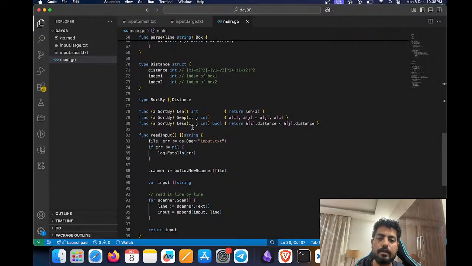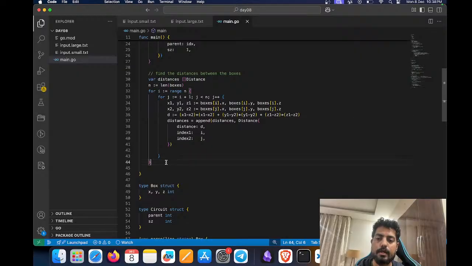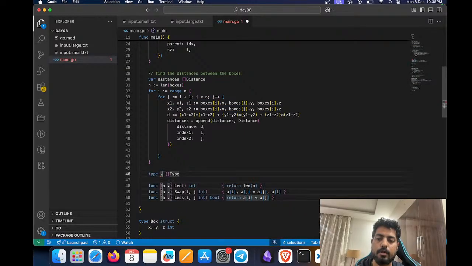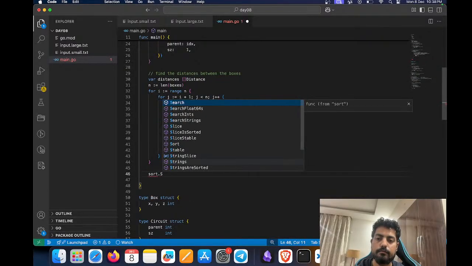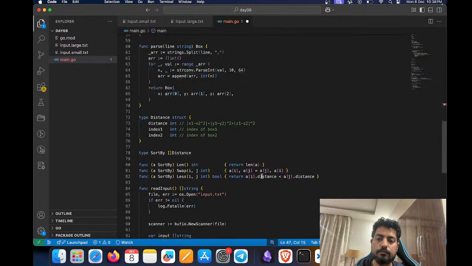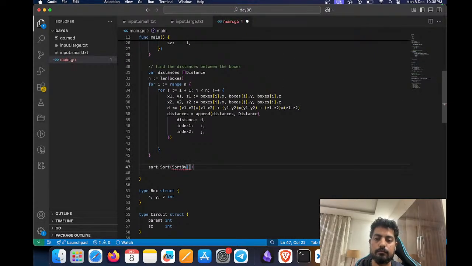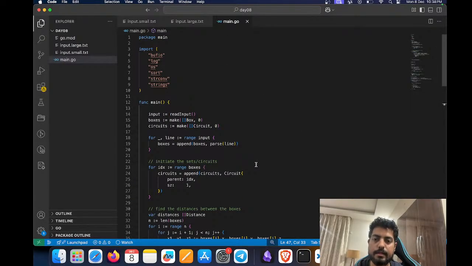After we have calculated the distances, we are now sorting it. So now let's sort it. Now we are sorting this distance array.